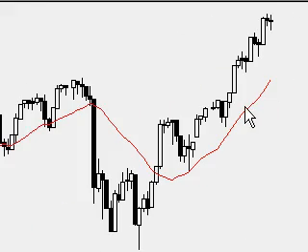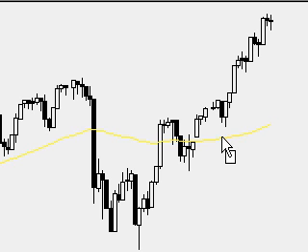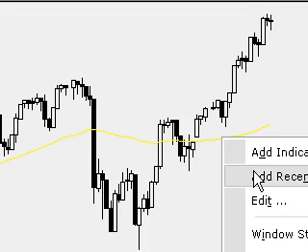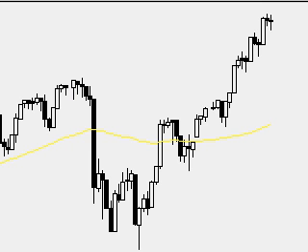Okay, so that is the 20 moving average. Now, another popular one is the 50 moving average, so let's look at that. Alrighty, there you go. That is the 50 moving average. As you can see, it smooths it out a bit.